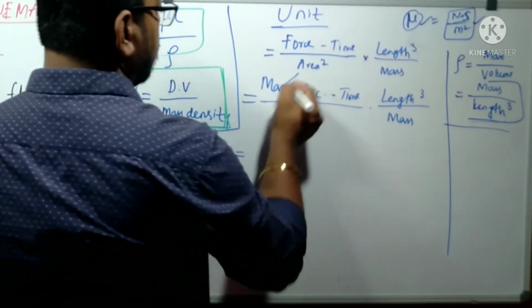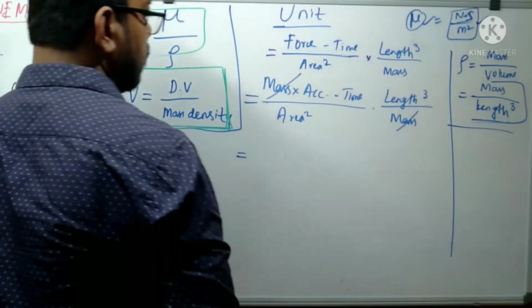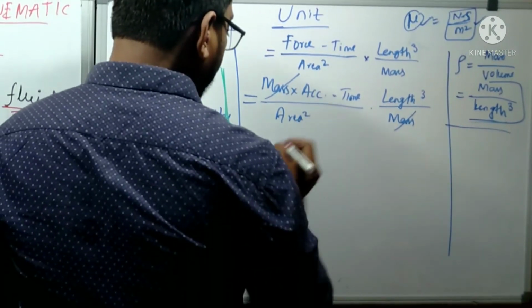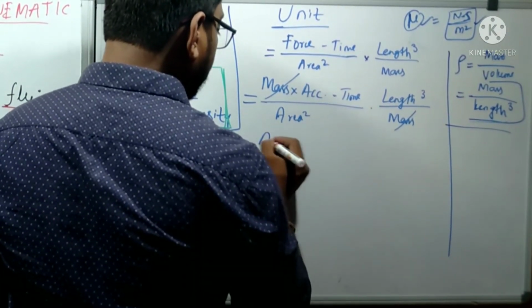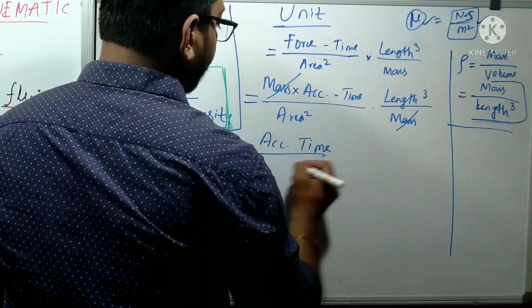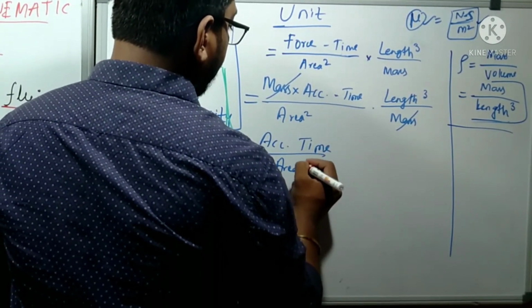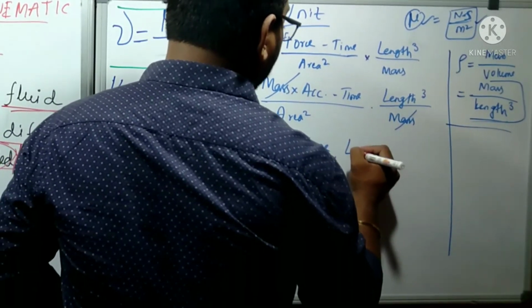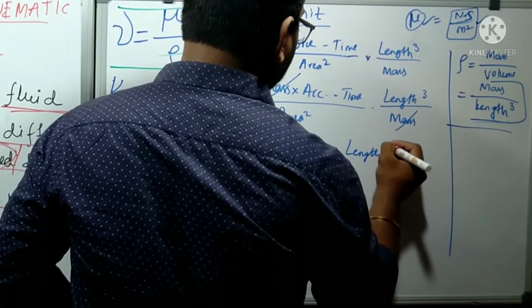Now look, mass and mass will cancel out. The remaining part is acceleration into time per area square into length cube.